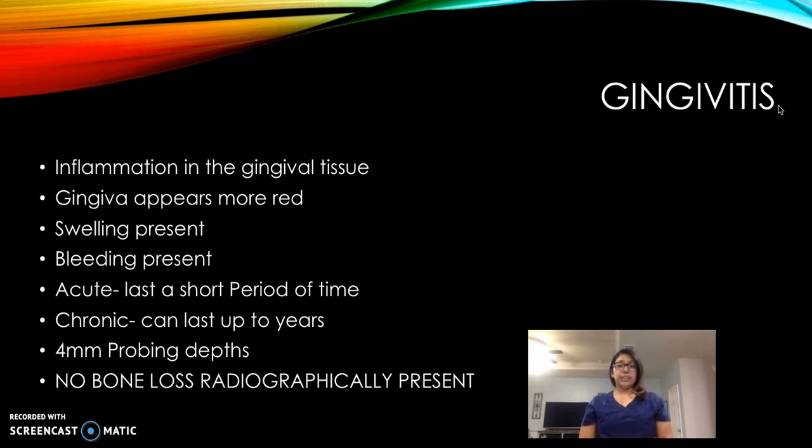The gingiva begins to appear more red, and there is definitely swelling present in the gums. A main characteristic of gingivitis is that there is bleeding in the mouth, and the probing depths that we find are 4 millimeters or higher. But with gingivitis, there is no bone loss present, which means that gingivitis can be reversed.